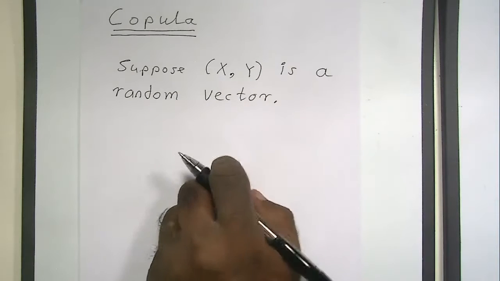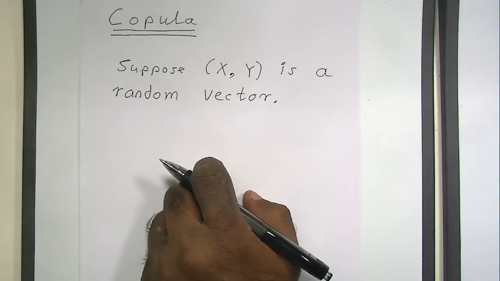Suppose you have a random vector x comma y.